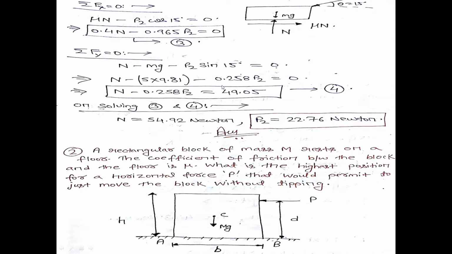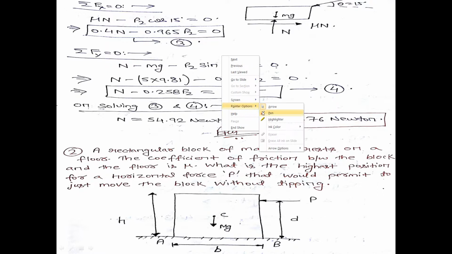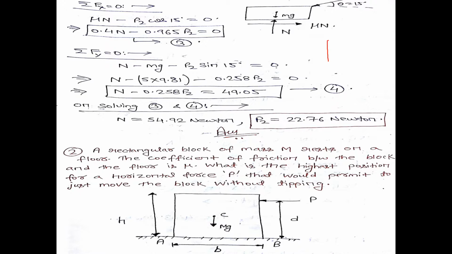So let us draw the free body diagram of the body once again. So this is the block. On this block, one push force is acting, that is P2, and this force is making an angle of 15 degree with respect to the horizontal. Weight of the block is acting vertically downward from its center of gravity, and this weight is equal to mg.